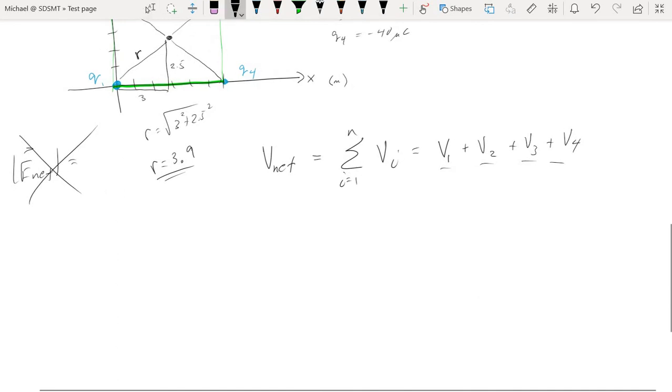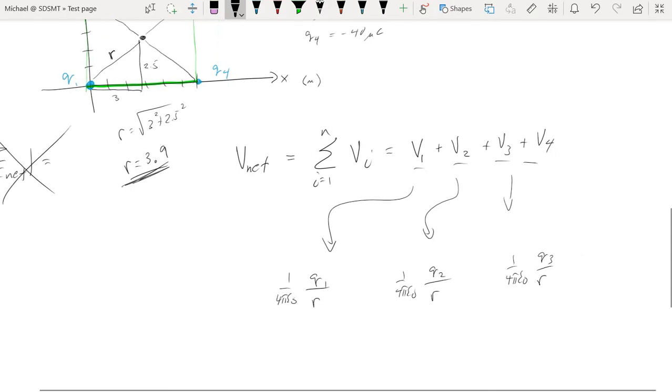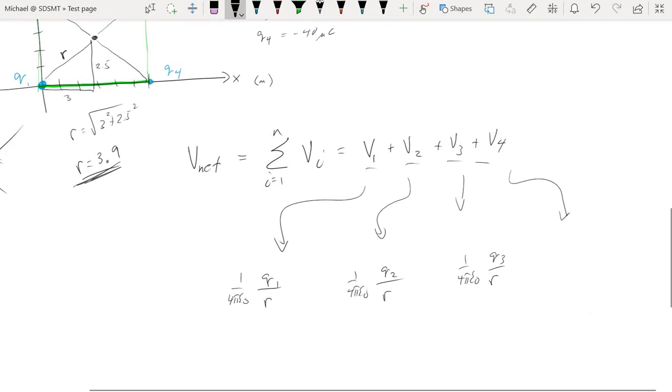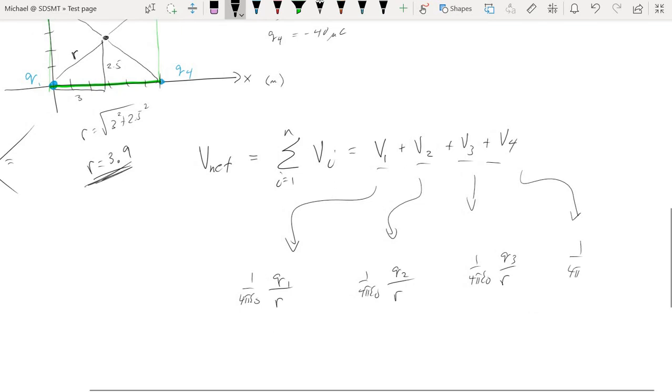So I'm going to write all this out. For V1, we have 1 over 4 pi epsilon naught Q1 over the common R value. For V2, we have 1 over 4 pi epsilon naught Q2 over the common R value. For V3, Q3 over the common R value, and then for V4, 1 over 4 pi epsilon naught Q4 over the common R value. And all those need to be added up.